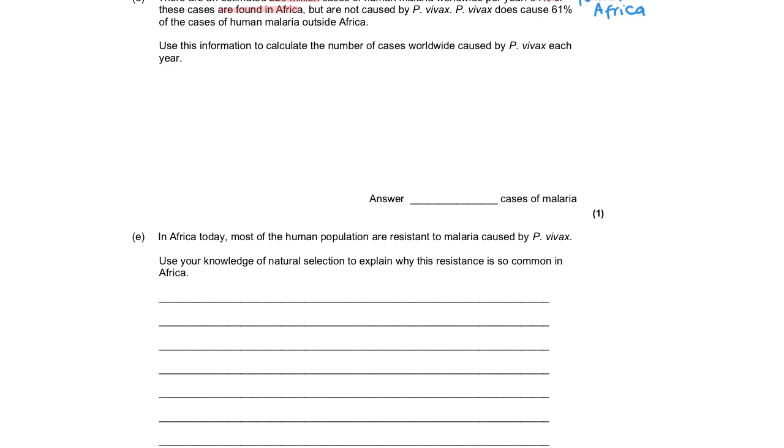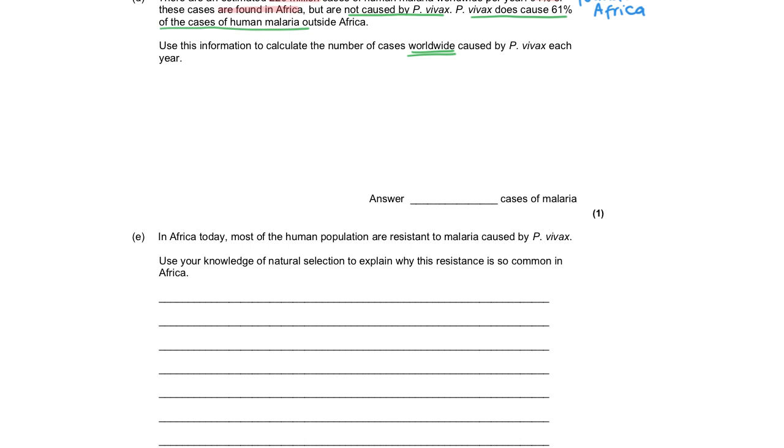But of these 94% of cases that are found in Africa, they are not caused by P. vivax. However, P. vivax does cause 61% of the cases of human malaria outside Africa. Use this information to calculate the number of cases worldwide caused by P. vivax each year.